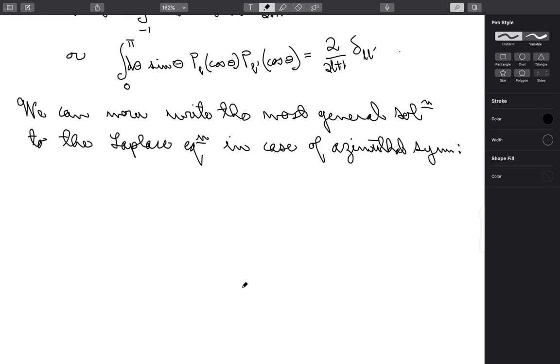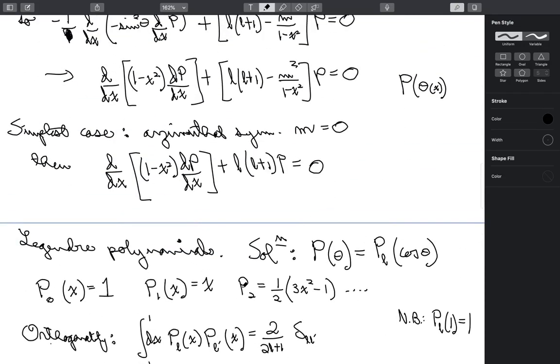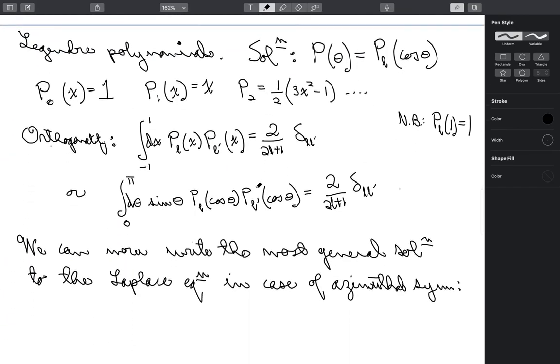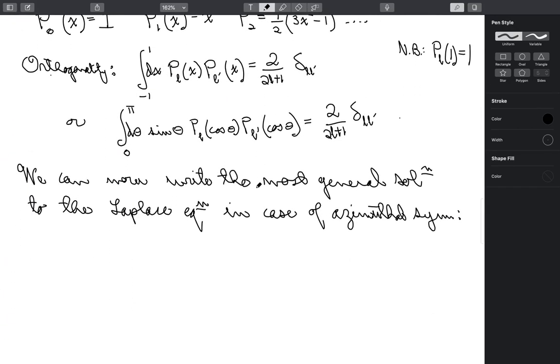And because there's a possibility of using any integer L, we can write the most general solution as a linear combination of all these possible solutions, because once again the Laplace equation is a linear differential equation, therefore summations of different solutions are still solutions.